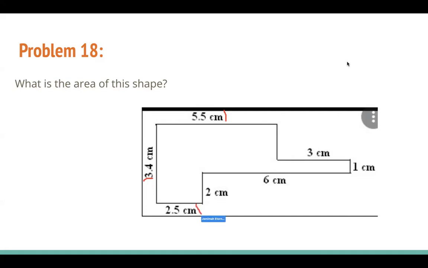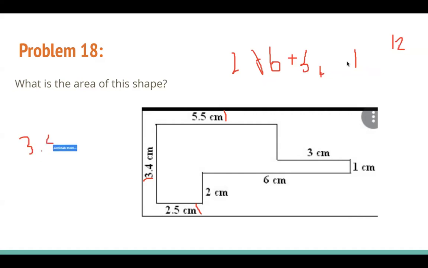Then first I'll calculate the no decimal numbers, which is 2 plus 6 plus 3 plus 1. And 2 plus 6 is 8. 8 plus 3, 11. 11 plus 1, 12. So here is 12. Then next, I'll calculate the decimal numbers.